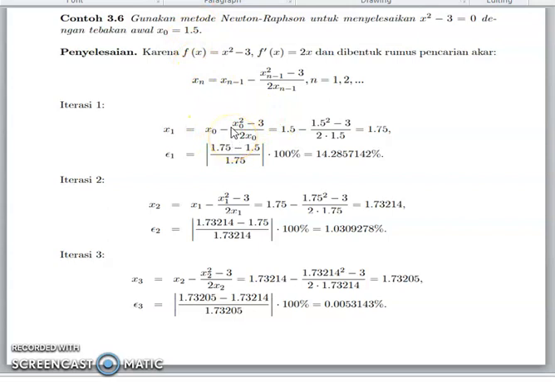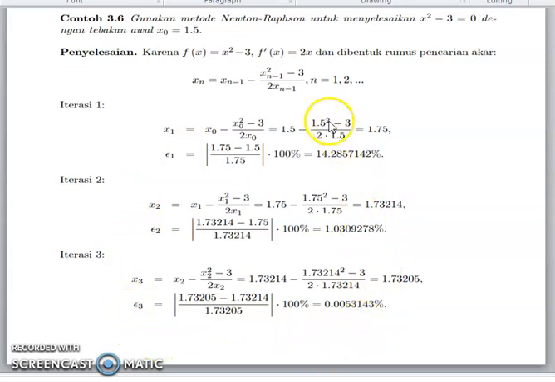We substitute 1.5 into this formula and we get x1 equals 1.75, and the first error is 14.2857%, and the same method for the next iteration.